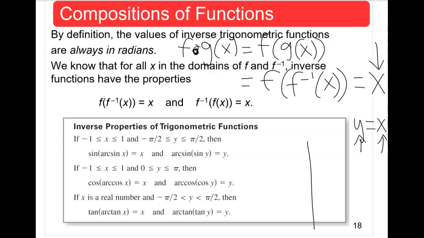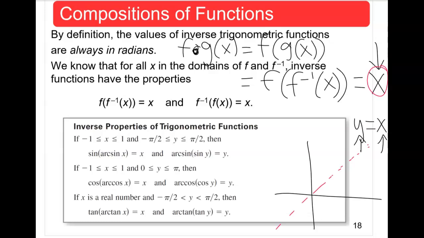And this is the parent function for linear functions, which is here. It goes across the origin. Slope is 1, y-intercept is 0. So that is why if you want to check if you have the correct inverse function, you could do a function composition, and if you get x, that's how you know you are correct.